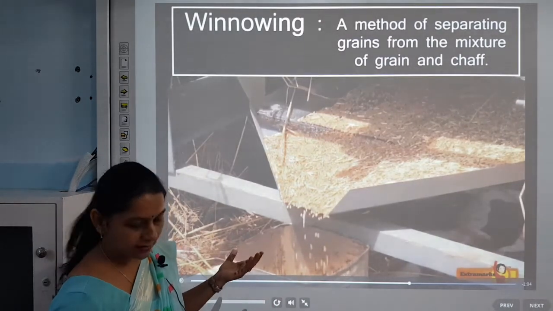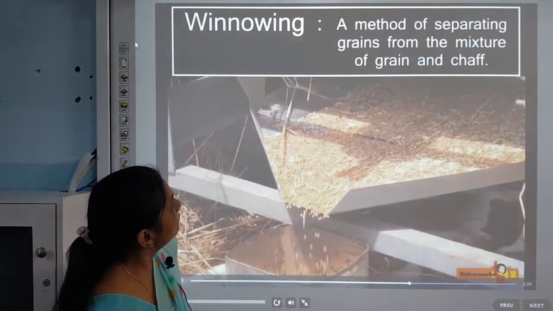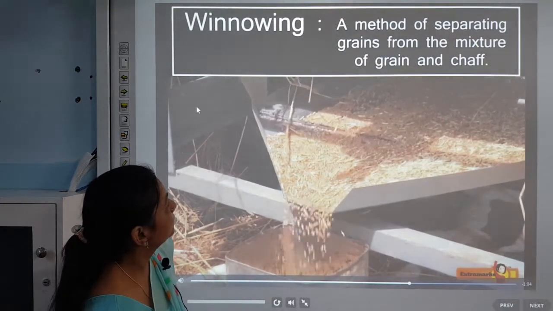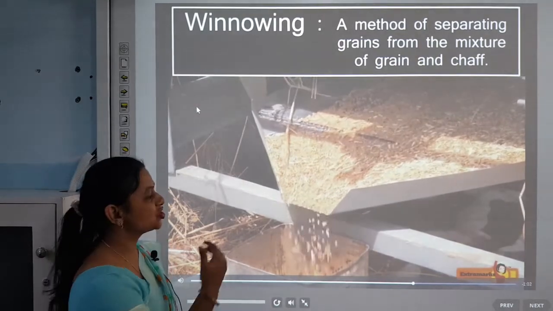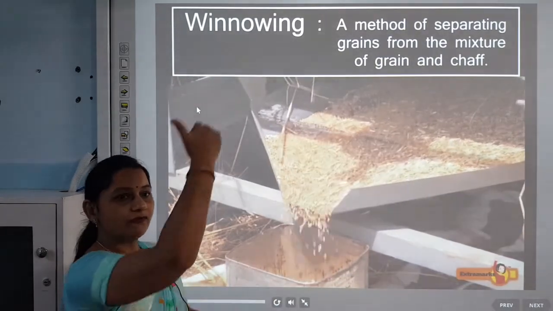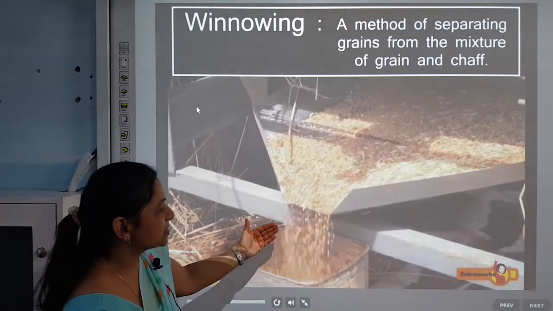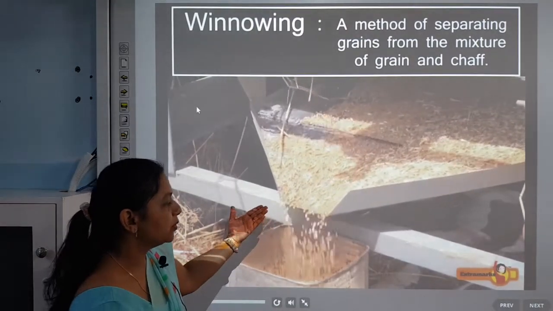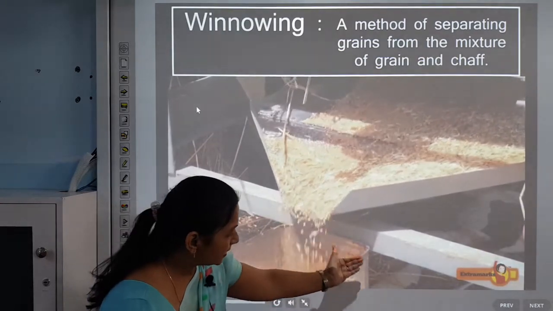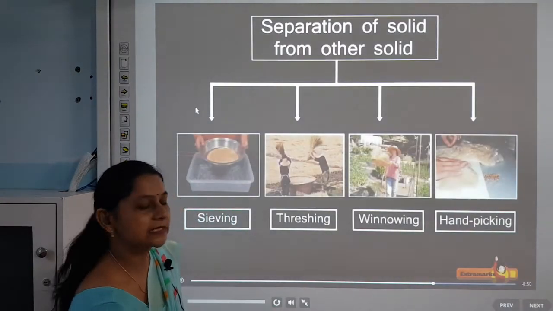Like you can see here, in winnowing, the grains which contain chaff are allowed to fall from a height. As you can see, the lighter chaff is blown away by the wind and falls apart.